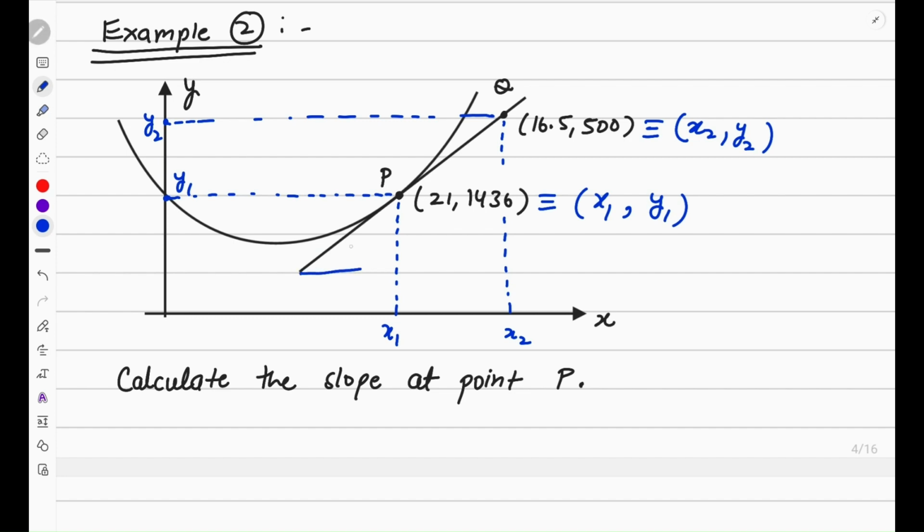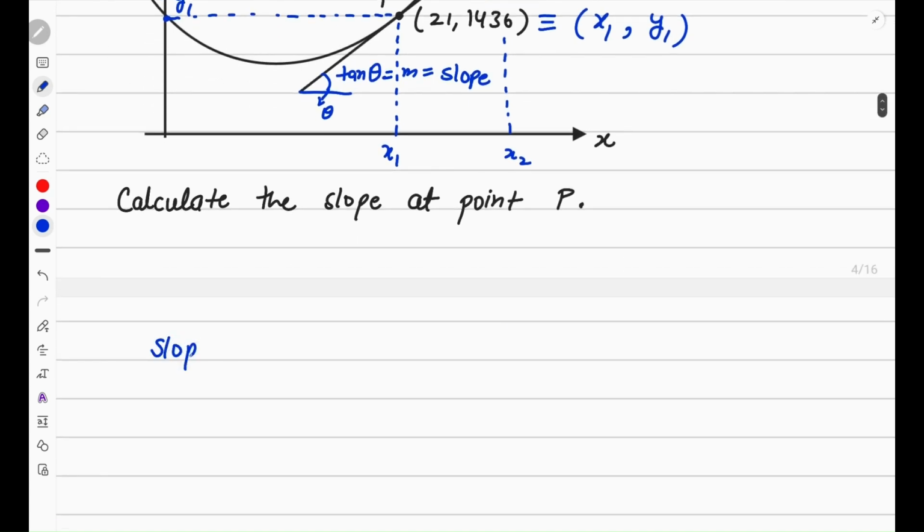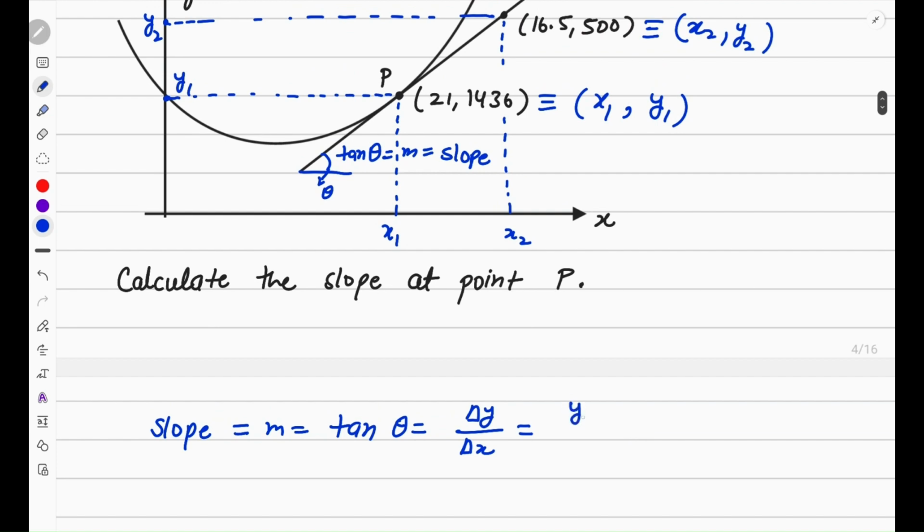The slope is basically the tangent of theta. If this angle is theta, then tan theta is the slope, which we represent as m. It is tan theta, the change in y upon the change in x, which is y2 minus y1 over x2 minus x1.